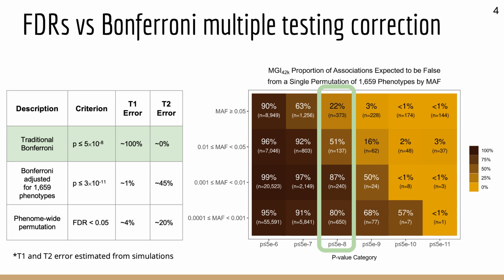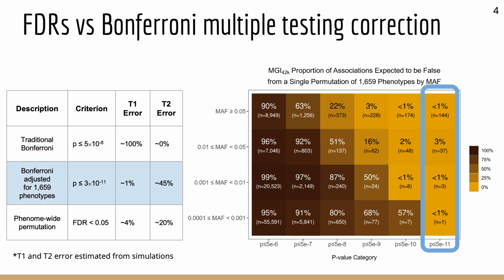If we look at the type 1 error and type 2 error, estimated from simulations we did, the type 1 error is extremely high and the type 2 error is extremely low. On the other hand, if we were to do a traditional Bonferroni correction across 1,700 phenotypes, which would just be dividing by 1,700, we would come out with a p-value threshold of 3 times 10 to the negative 8th.